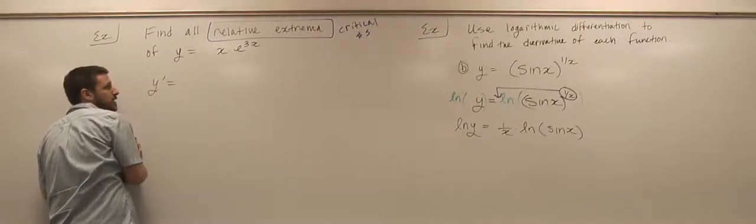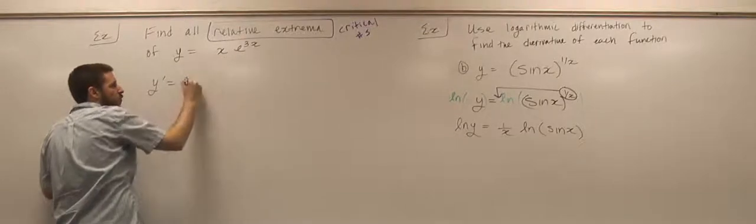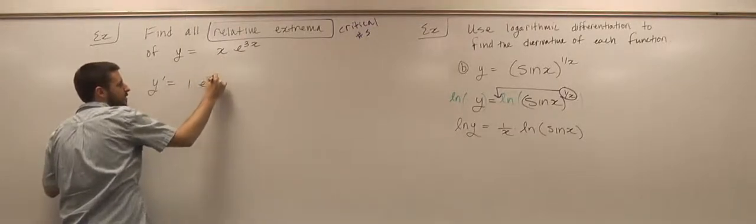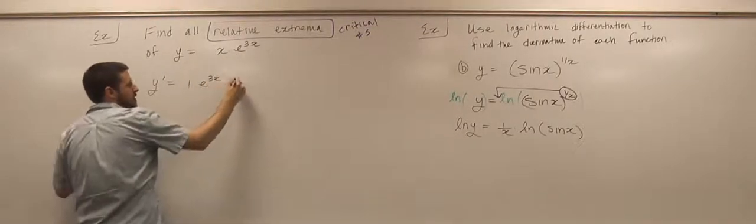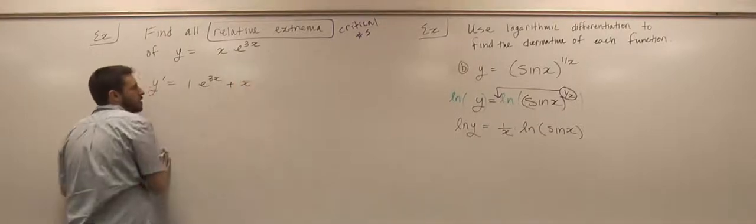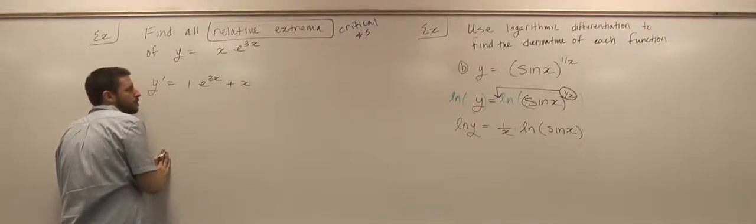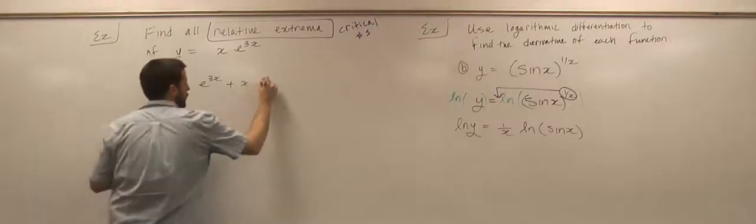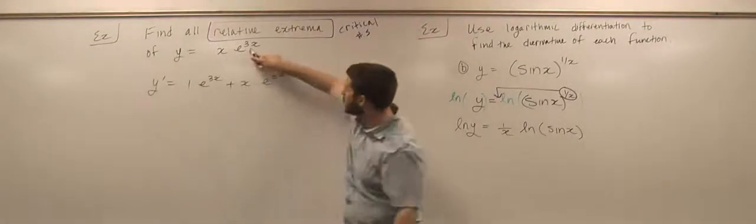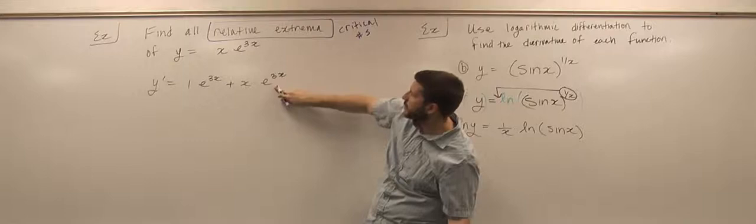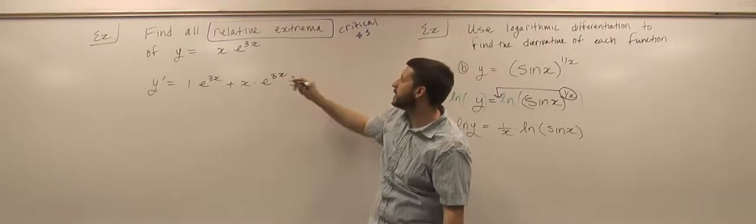Product rule. Right? Derivative of x is 1. Keep the e to the 3x, plus x times the derivative of the second function. The derivative of e to the 3x is e to the 3x times 3, times 3 because of the chain rule.